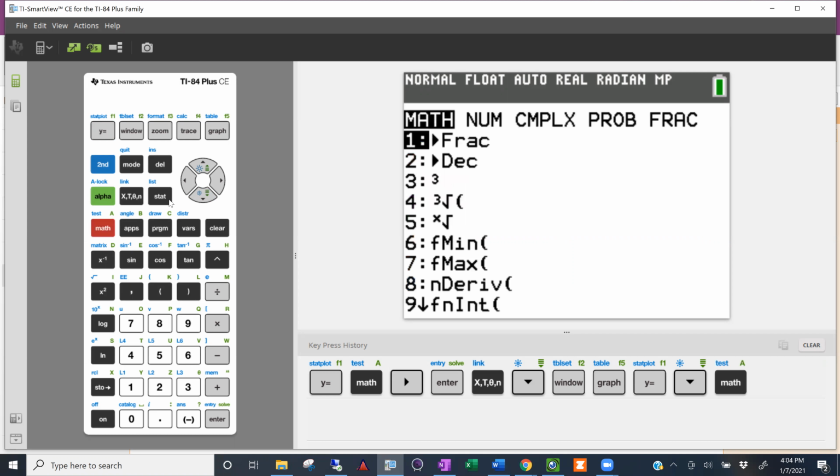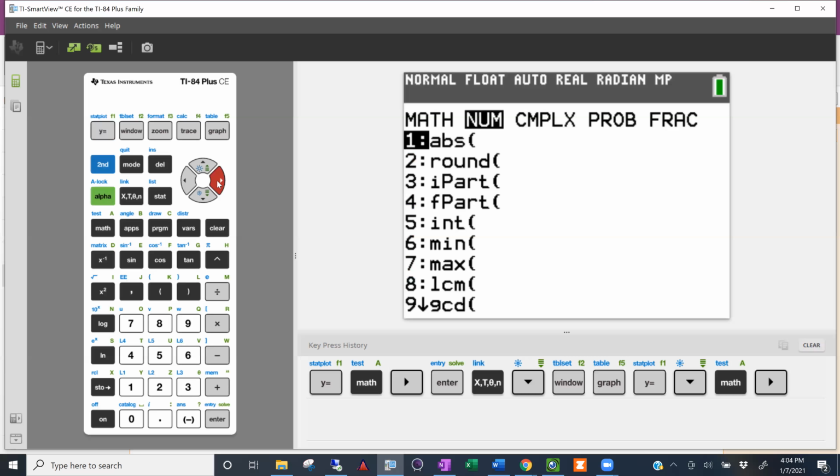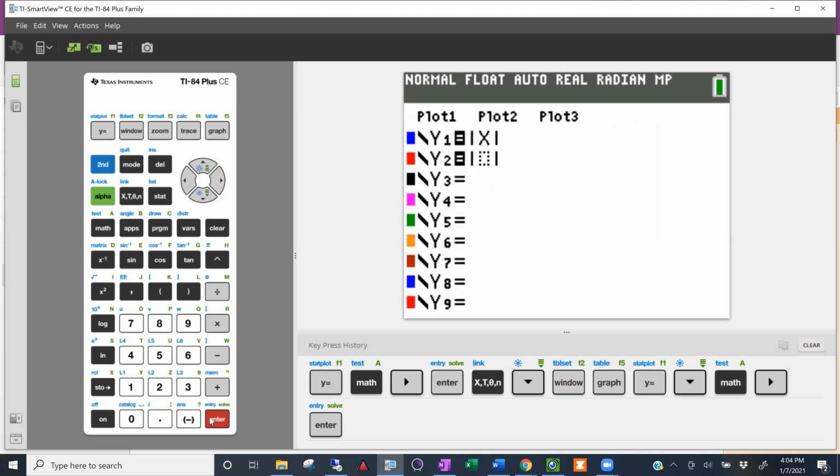Go to math. You remember where next? Over to the right once for number, press enter. Absolute value of X, and that's this key right here. And then you need to hit the right arrow to leave the absolute value and then type in your +1.